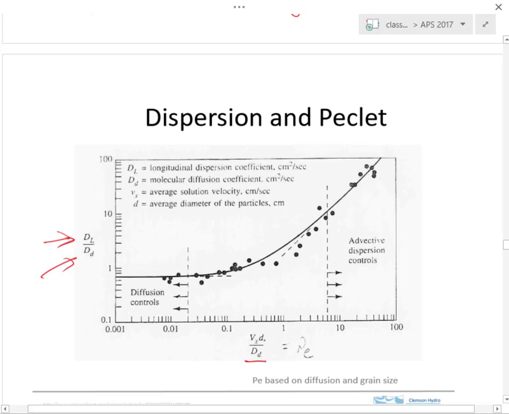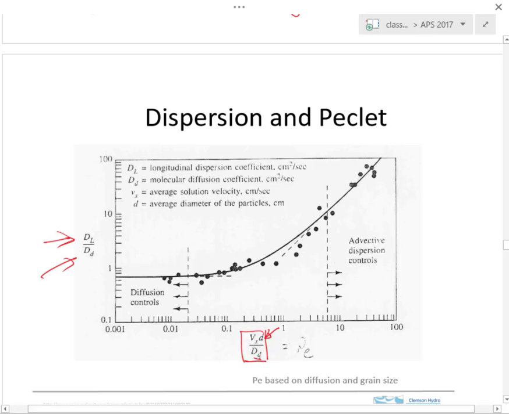This is written where the characteristic length is the diameter of the grains, and D sub D is the diffusion constant. So this is a very small scale Peclet number, right at the pore scale for both the length scale and for D.